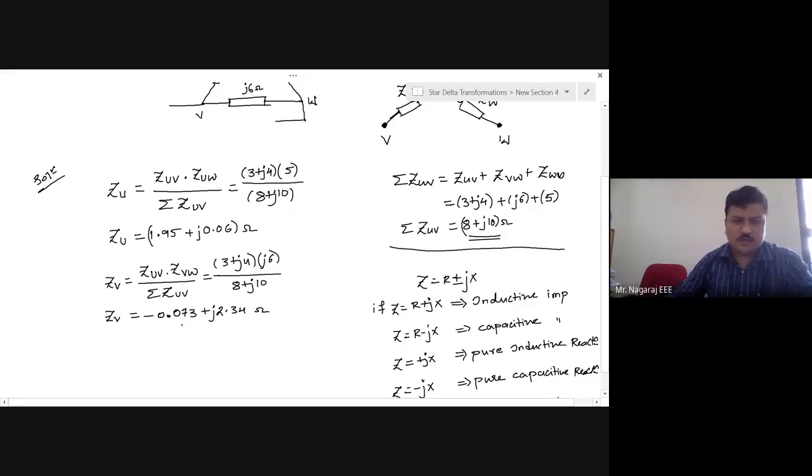It is almost 100 times smaller than this value. So this indicates that this ZV is almost a pure reactance. That is the meaning you should understand. You can keep the values, but that is the meaning you should understand.